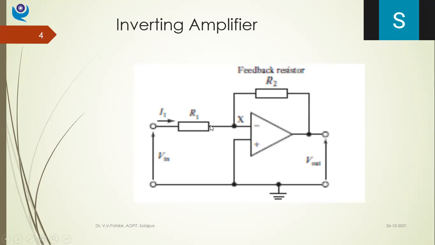Okay, so this I1 is going into this input side of my op-amp. Okay, now this X or Vx, potential at X, because this is a very high impedance device, right? High impedance device will provide me voltage at X, that is Vx is equal to 0.